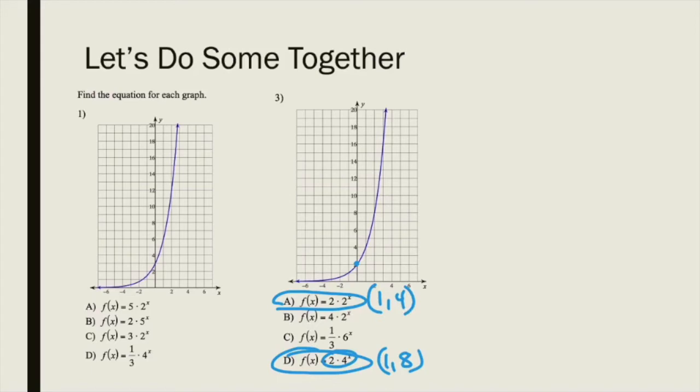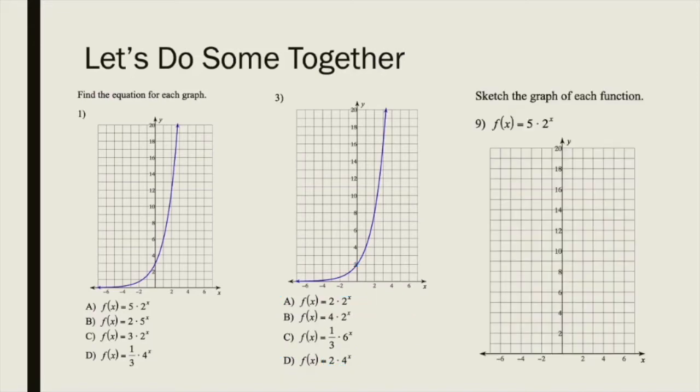Which is it on my graph? 1 comma 4. So remember, to find the 1, all you do is multiply these two numbers together, because putting a 1 in here, one exponent doesn't change the number. I hope I've helped you figure out how to do those.